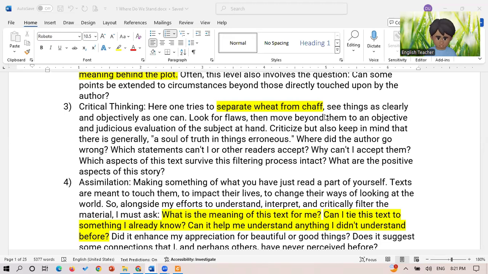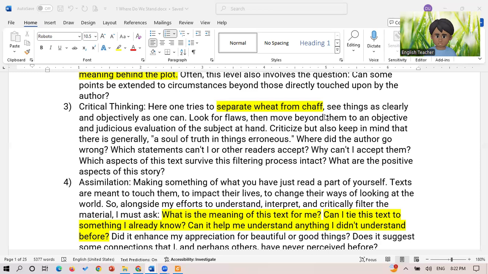What arguments of the writer you accept, what you don't accept. For example, when you read Lisa Davies' essay carefully, you think what points she is making seem to be true and what points seem to be untrue, right? And you write why you can't accept what she's saying, right?